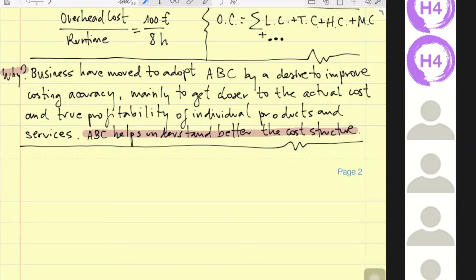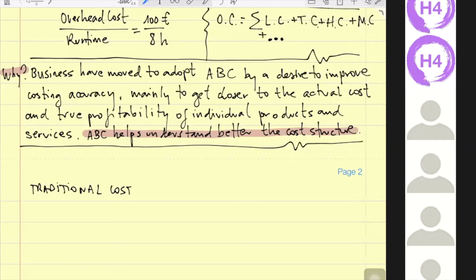So, weiter geht's. Hallo, könnt ihr mich hören?